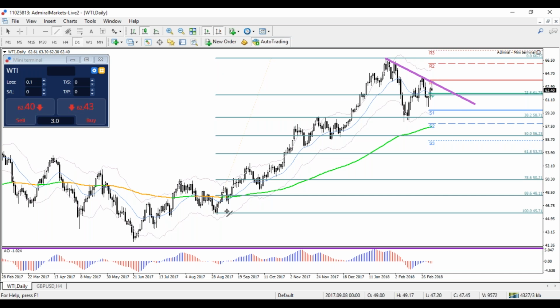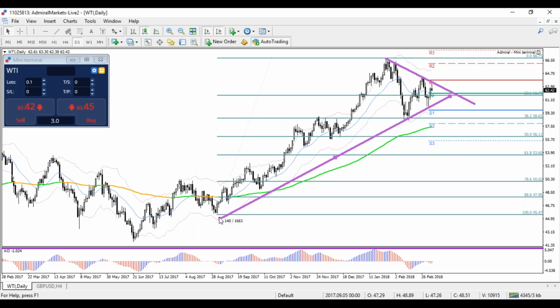Alternatively, if it breaks below this particular support line, there we go. Then a reversal or at least a bigger retracement is also likely. So I think these two lines are going to be key for the next step on oil.